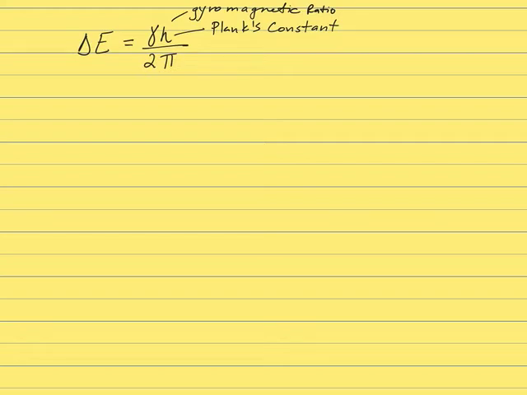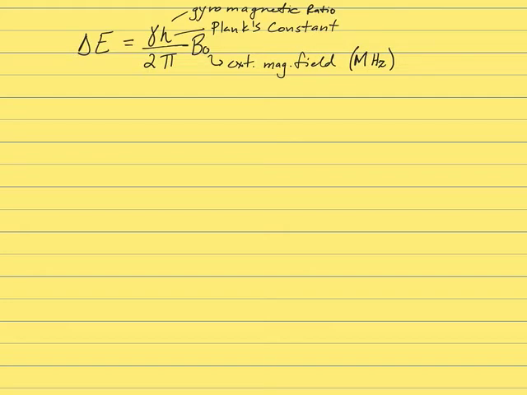Whoops, I missed part of this equation. Sorry, there should be a B naught there. So it's gamma h over 2 pi times B naught, where B naught is that external magnetic field. And it has units of megahertz when you put it into this equation. So that's the difference in energy.